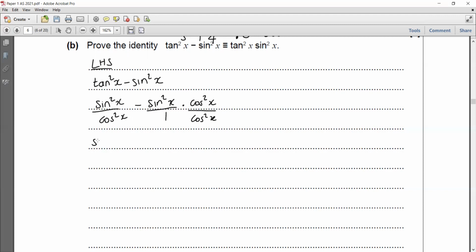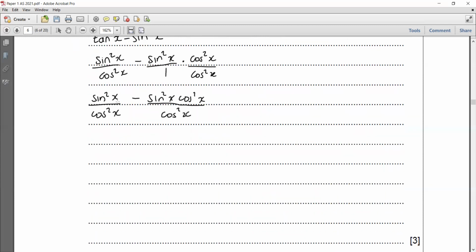So then I would have sine squared x over cos squared x minus sine squared x times cos squared x over cos squared x. And now that the denominators are the same, you can add the numerators. So combining them to a single fraction, you have sine squared x minus sine squared x cos squared x over cos squared x.